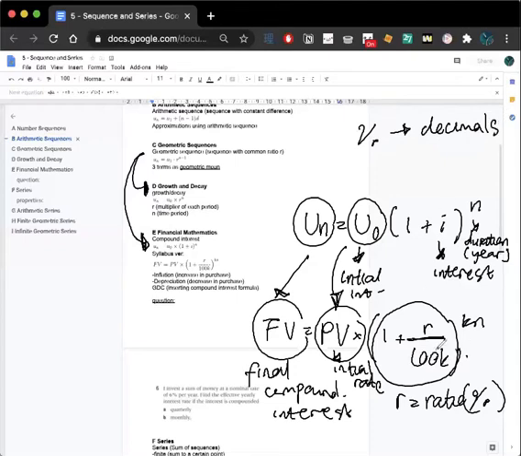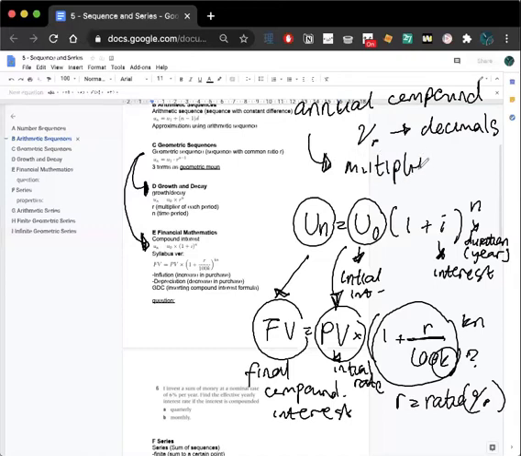But then there's k. You might ask, why does this k exist? This k is mostly used when they expect annual compound interest, but at the same time the compound interest is applied per term.